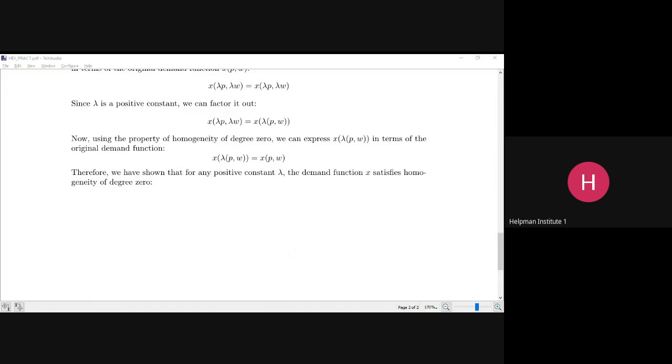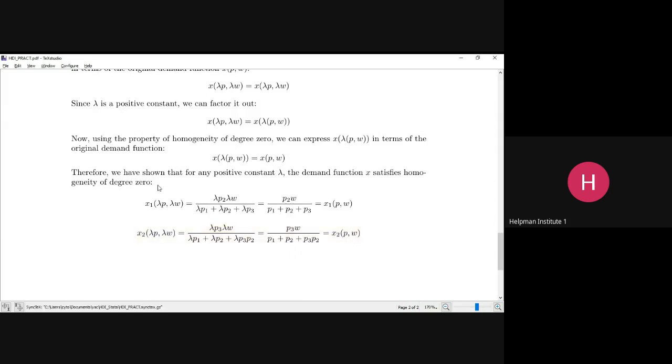To do that, let's first of all define our functions. So these are the functions that we are given.